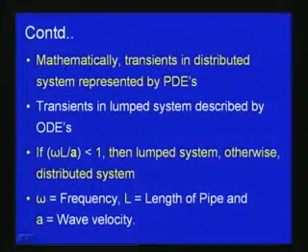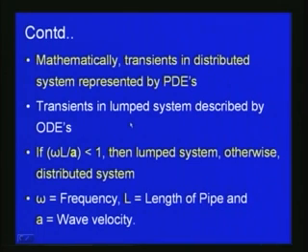The governing equations are the dynamic equation and the continuity equation. Mathematically, transients in a distributed system, like pipe flow or closed conduits, are represented by partial differential equations, while transients in a lumped system are generally described by ordinary differential equations.